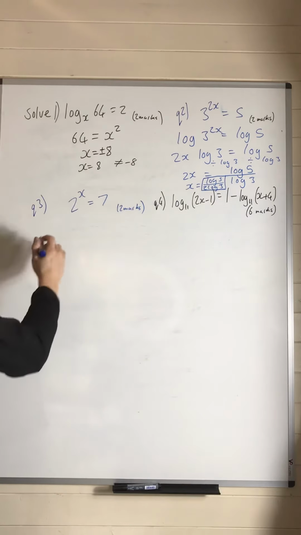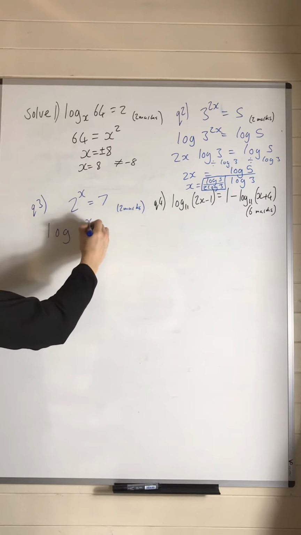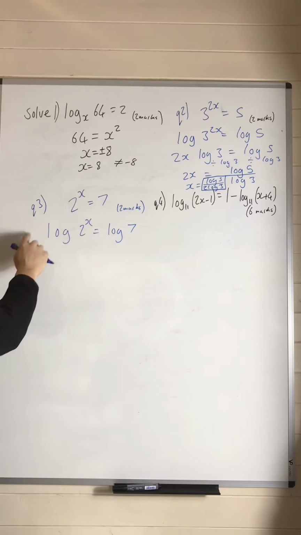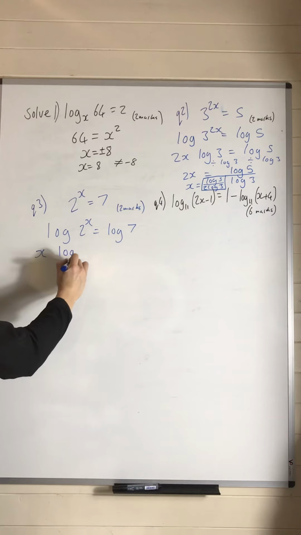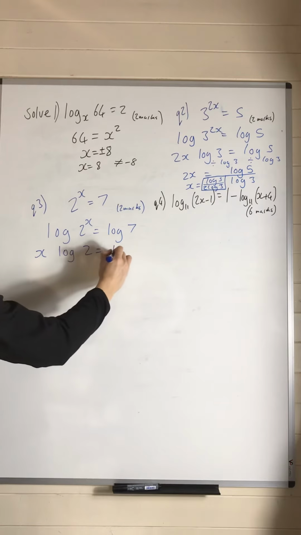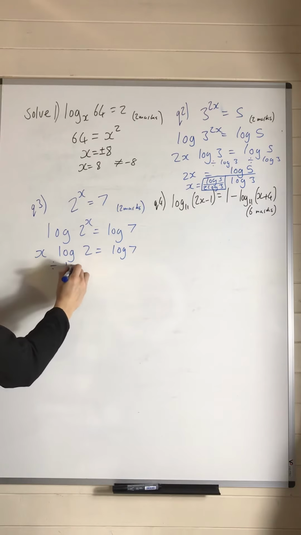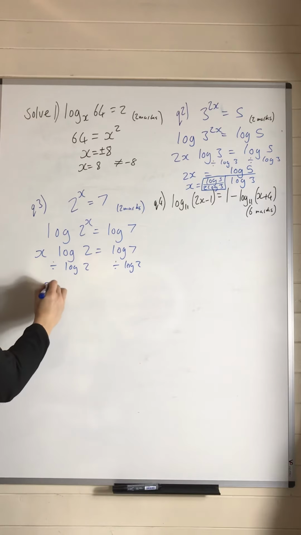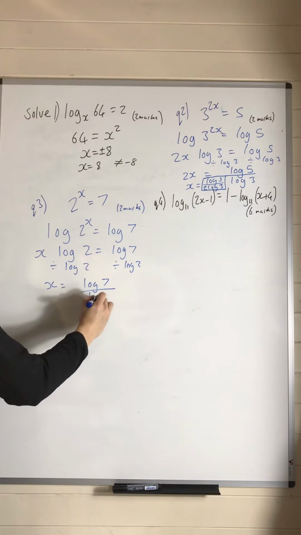Now let's go with this one, easier than this example, so that will be log to the 2 to the x equals log 7. Remember the power law, you need to get really good at these laws to do problem solving with logs. And then straightforward here, divide out by log 2, so x equals log 7 over log 2.